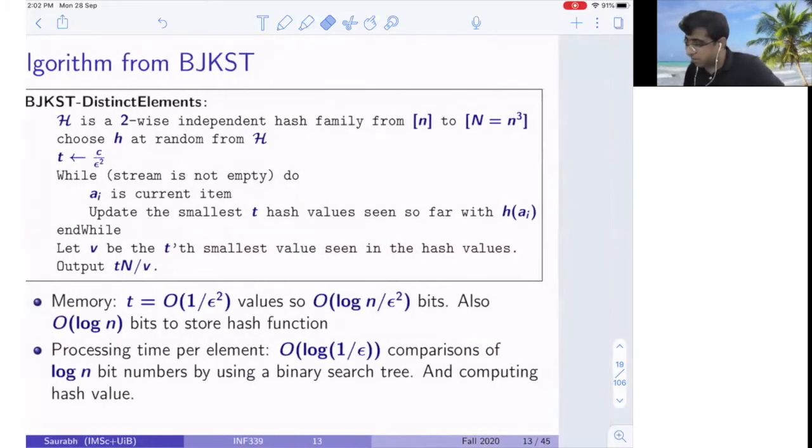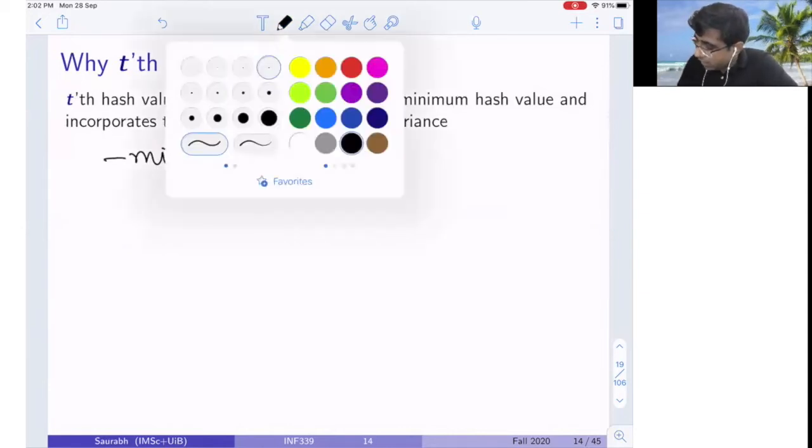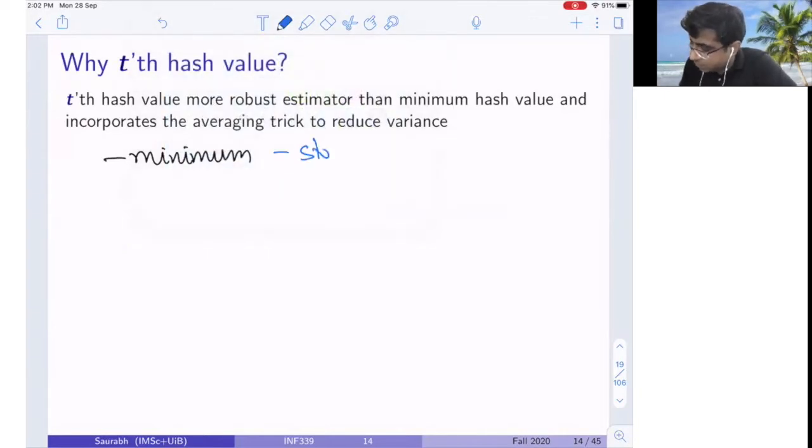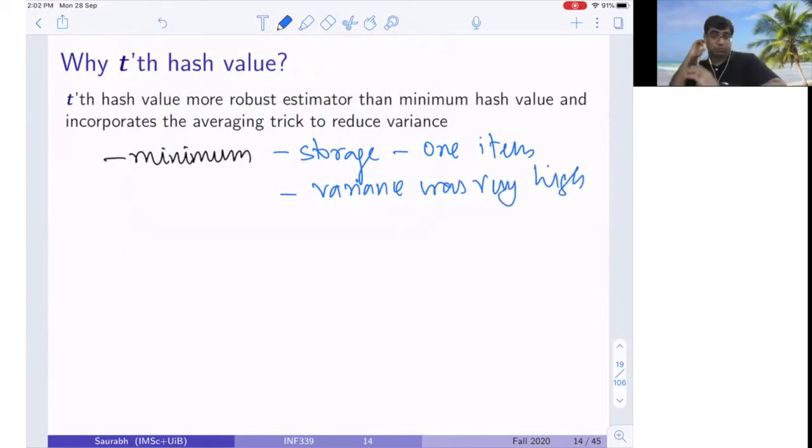But if you remember, whenever we kept the minimum, while storage was very nice, because you were just keeping one item, the variance was very high. This is something which I would like you to take away from this.